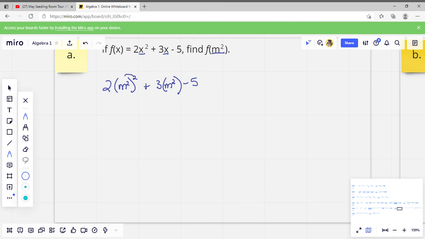Right here we're going to multiply power to a power, so we're going to say 2m to the 4th plus 3m squared minus 5. Let me double check that. Yep, and that's the answer to A.